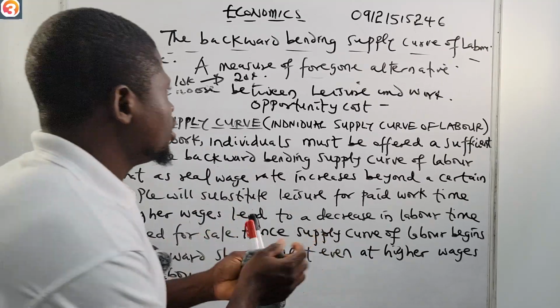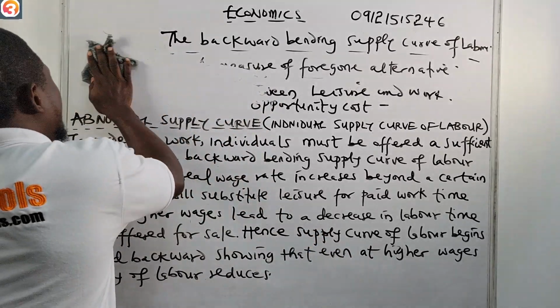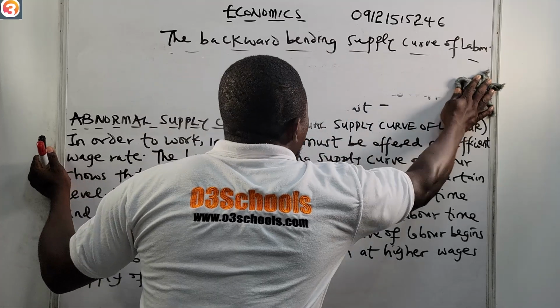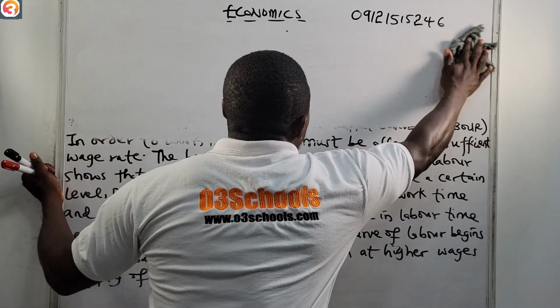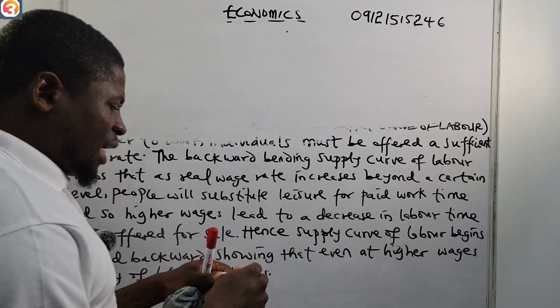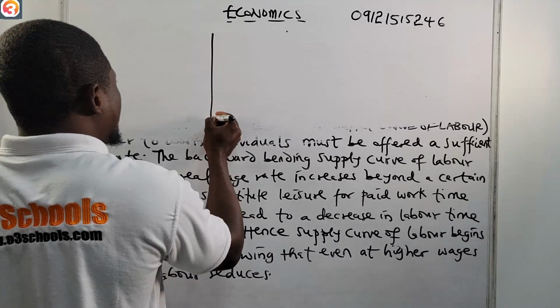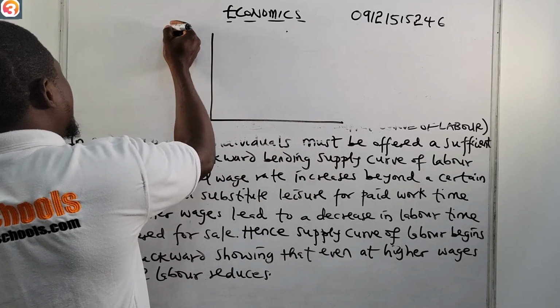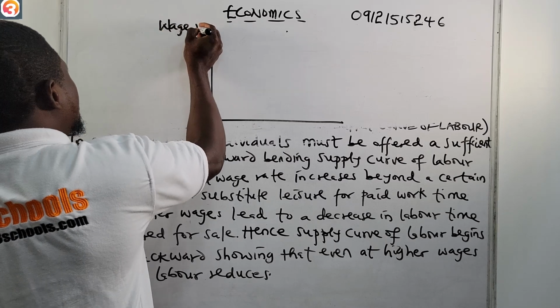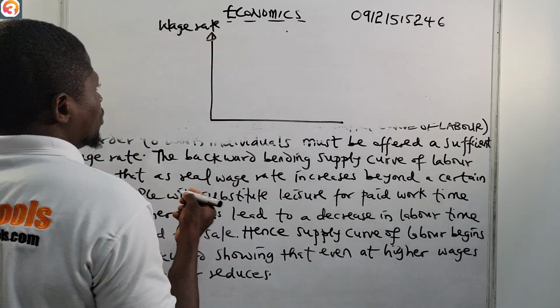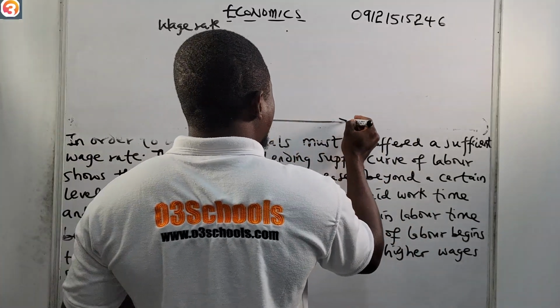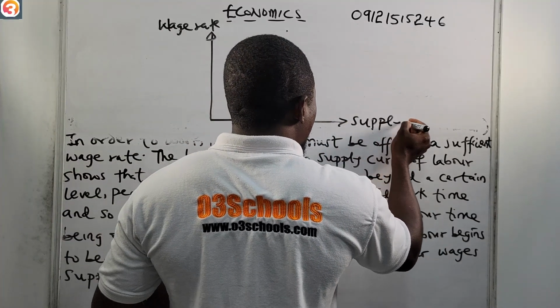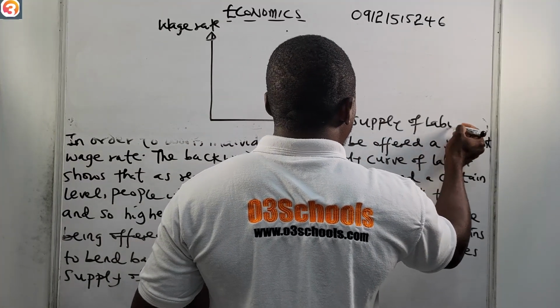All right, so let me just illustrate that with a diagram, so that we will drive the point home. The backward bending curve of supply. Let's say on the y-axis we have wage rates, and on the x-axis we have our supply of labor.